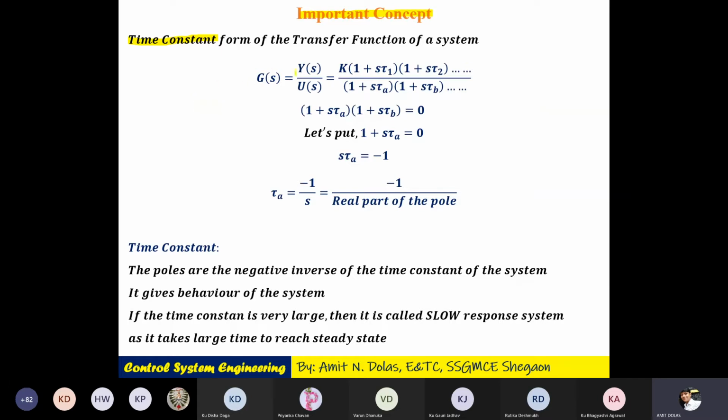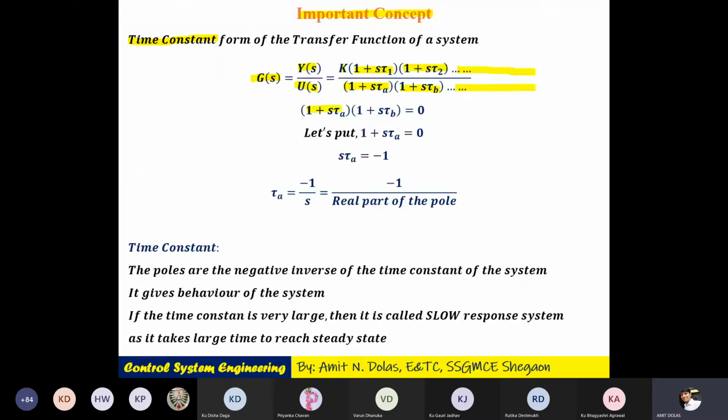So this time constant form is Y of s upon U of s, nothing but G of s, K into (1 plus s tau 1) into (1 plus s tau 2), and so on, divided by (1 plus s tau a) into (1 plus s tau b), and so on.